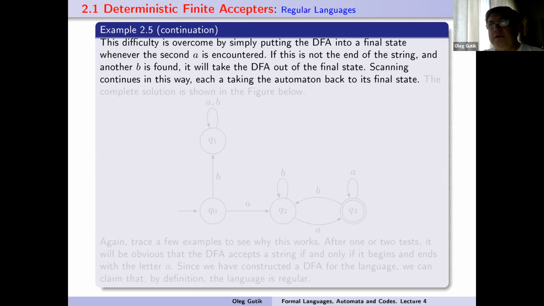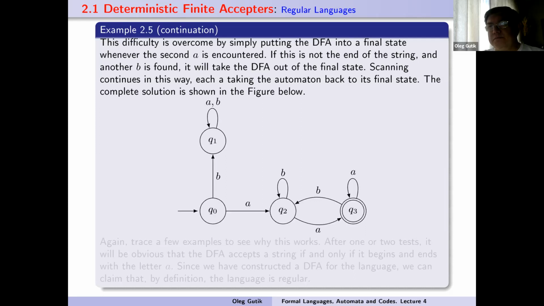Scanning continues in this way, each A taking the automaton back to its final state. The complete solution is shown in the following figure. Again, trace a few examples to see why this works.